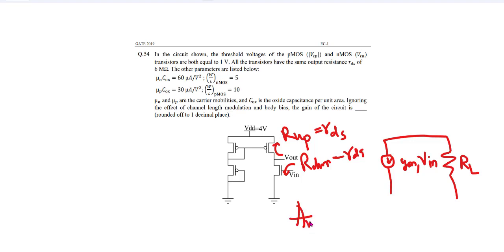Av is gm1 into RDSP, that is the up resistance, in parallel with RDSN.